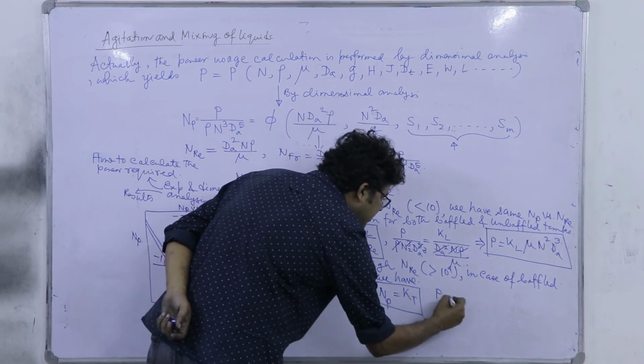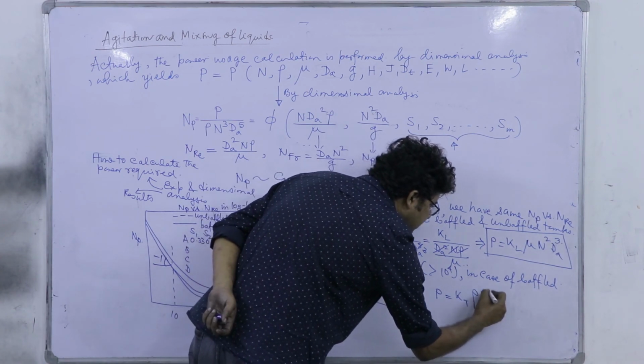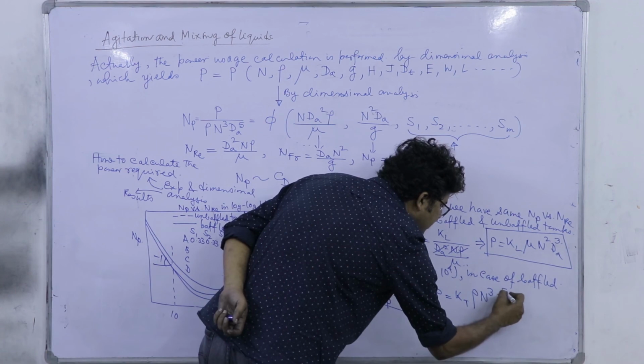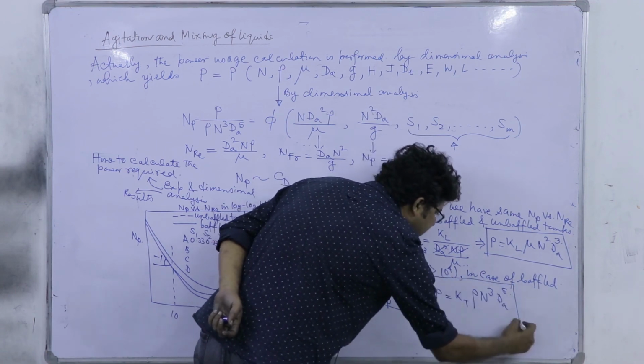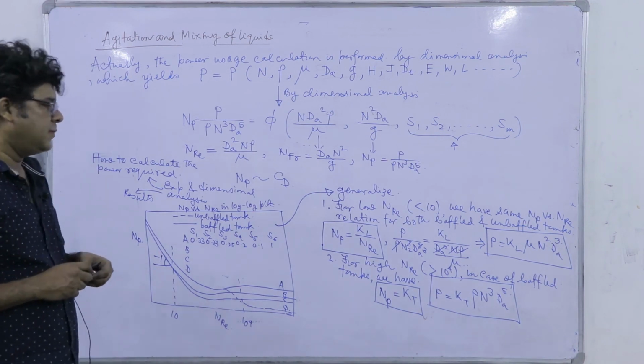So power is dependent on the density, N cube into dA to the power 5. These relations in the next session we are going to use to solve some problems of agitation and mixing. Thank you.